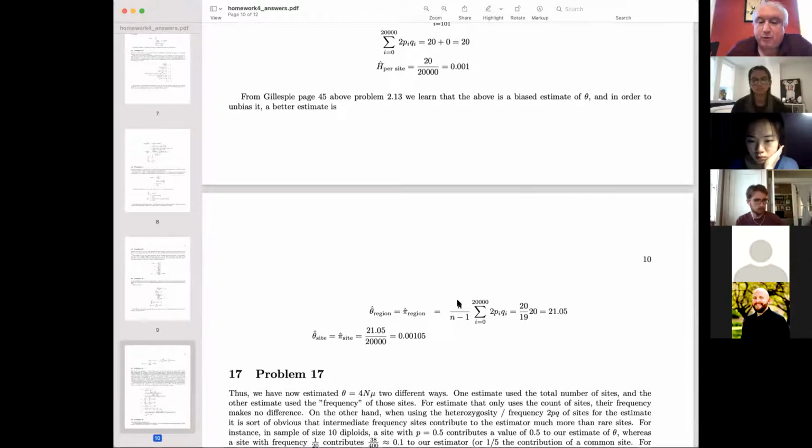So if you've sampled N chromosomes, this estimate of theta turns out to be a biased underestimate by a factor of N over N minus 1. And a slightly better estimate of theta would have been to take that number 20 and multiply it by 20 over 19 and have gotten the number 21 rather than 20, and plug 21 into this. Doesn't make much difference. 5% or something.